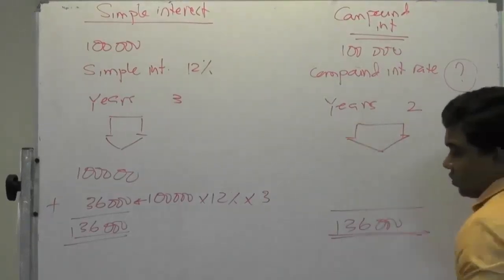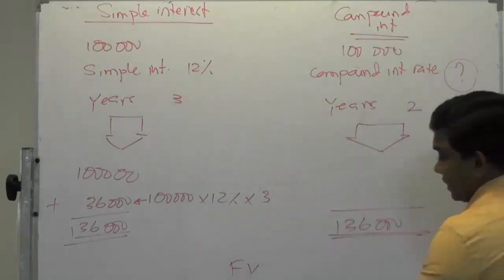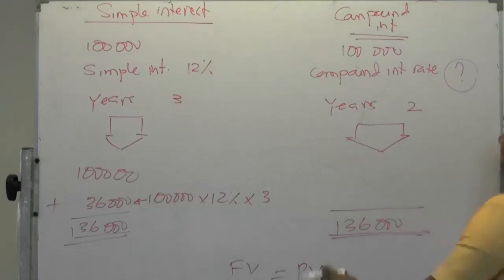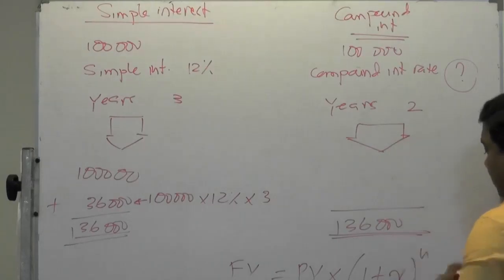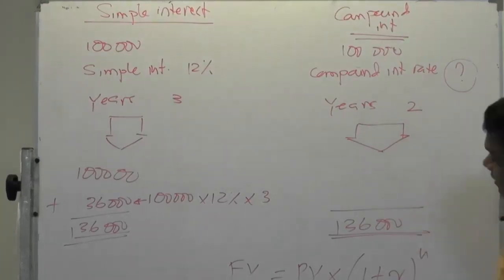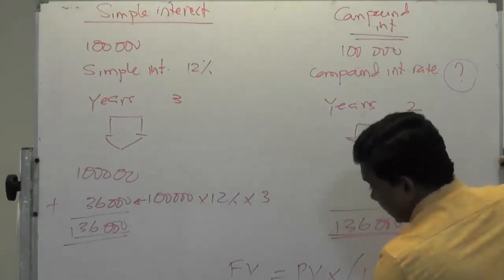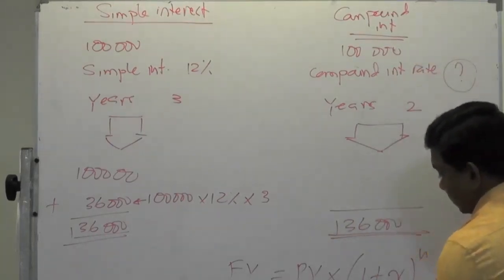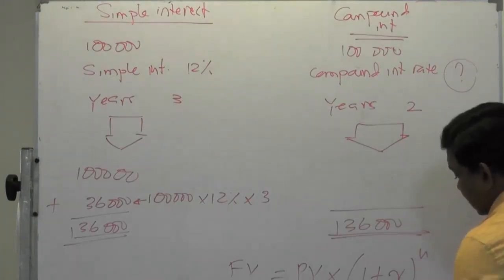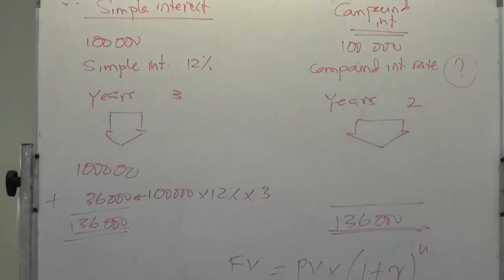In compound interest, the future value, the total value you can earn, equals the present value, that is the amount invested, into 1 plus r power n, right? Now the future value after 2 years you can earn is 136,000. Today you will invest 100,000, right? 1 plus r, you don't know what r is, but you know the number of years is 2, power 2. Now you can solve this question. How?